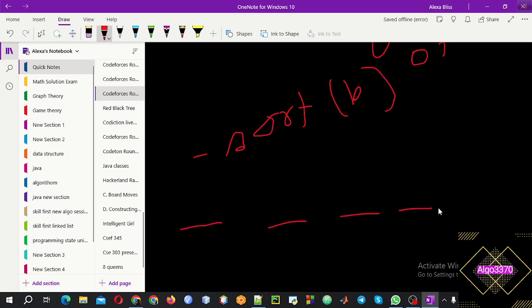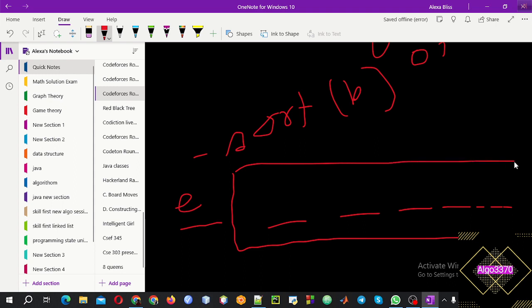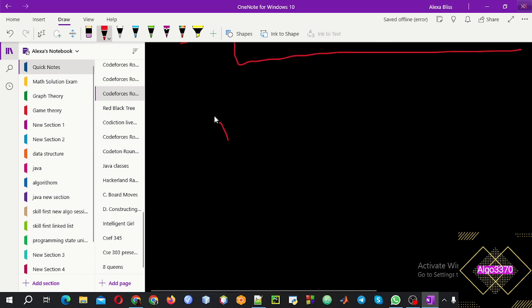Suppose there is an ith element, and when we set an element E here, then we compare it with the sub-array elements from I plus 1 to n. That means for every number seated at position I, we compare another n minus i numbers from the right side of that index.